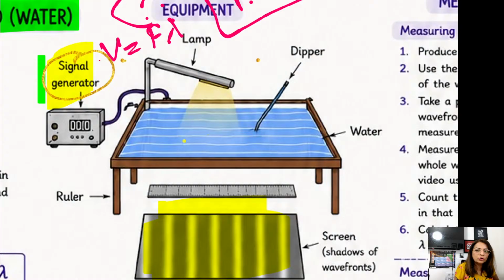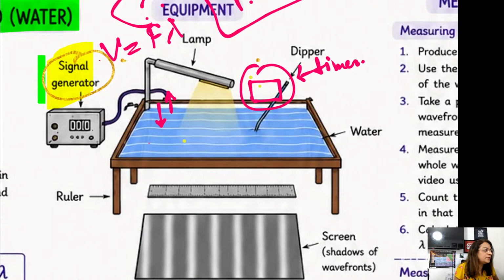Simply, you put a timer here, this is my timer. And there is a dipper which goes up and down.